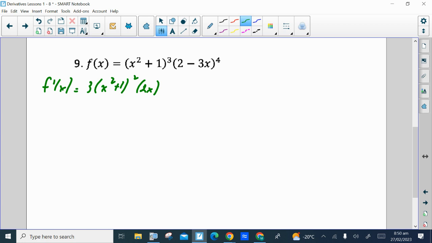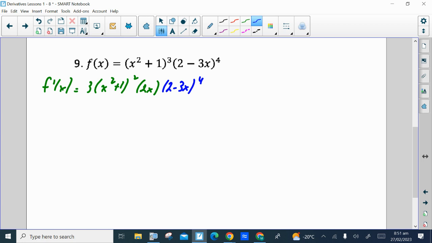So remember the product rule says you take the derivative of the first term, which is what we have written there, and then you multiply by just the second term. Not the second term, but the second factor. So that's the first step of the product rule.